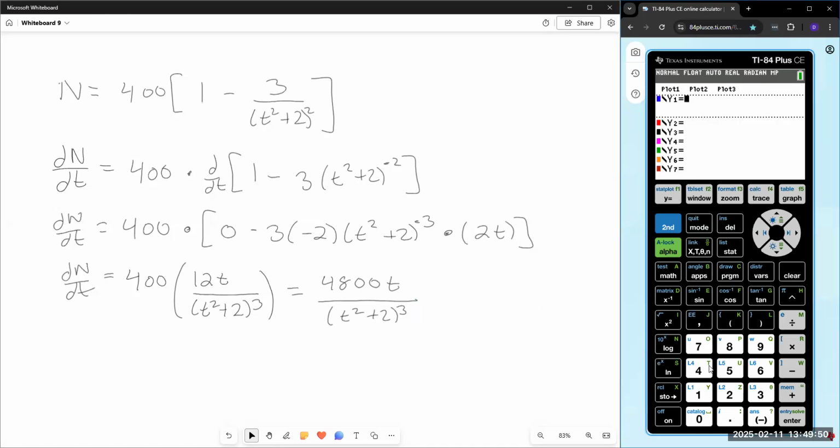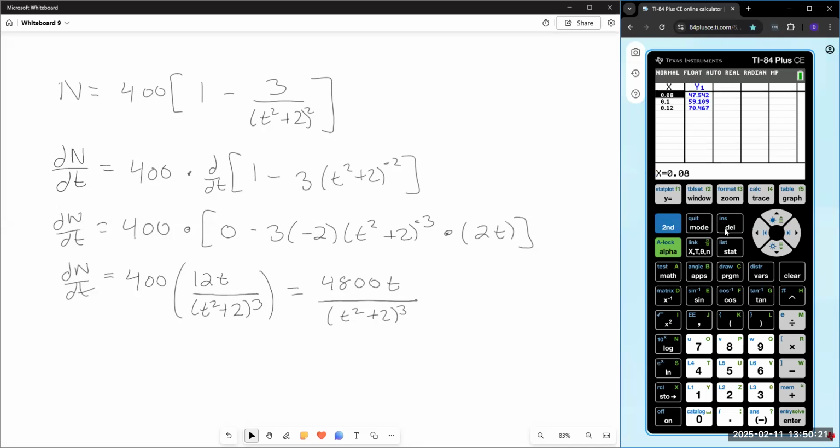So the numerator is 4800, and I'm going to use x instead of t, divided by the denominator, open parentheses for my denominator, open parentheses for my base, x squared plus 2, close parentheses for my base, raised to the third power, arrow out of my exponent, close parentheses for my denominator.